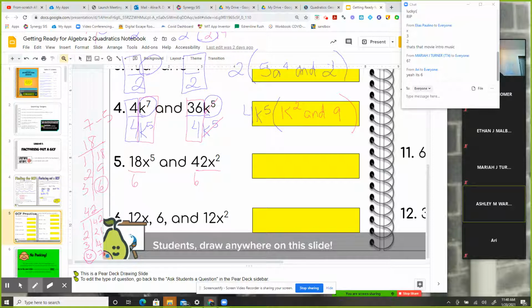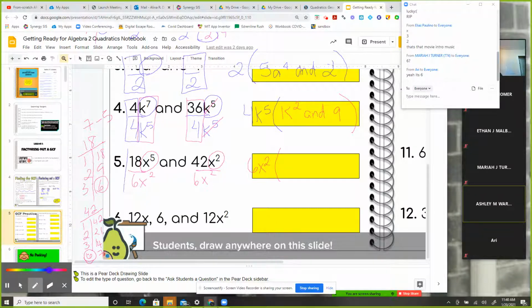And then what variable do I need? X. X to the what? Second power. The second power, absolutely. Take that lower exponent. So outside the parentheses, we have undistributed 6x squared. So now we've got to do our division.